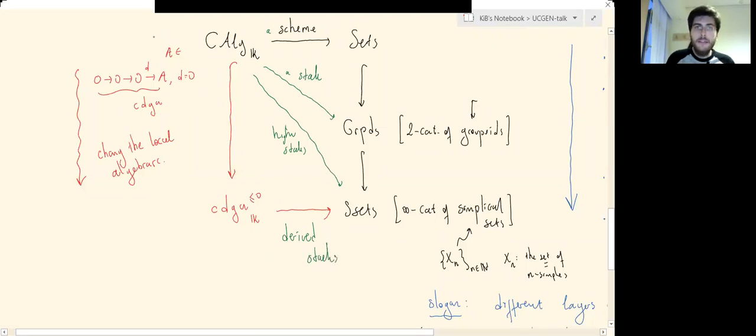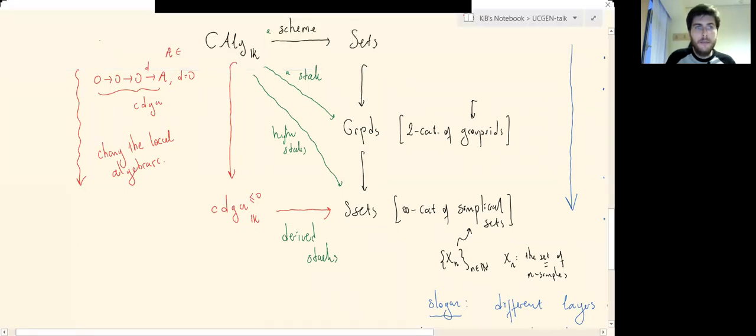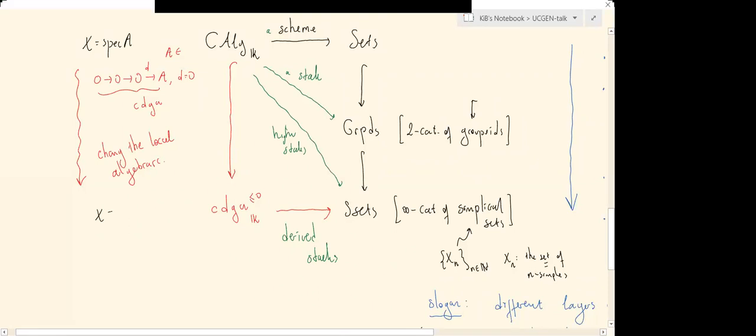Remember, in the usual case, the affine scheme will be given just by Spec of A. But now your affine derived scheme will be given by Spec of A dot, where A dot is some CDGA. So what is changing? You have, of course, the truncation functor.